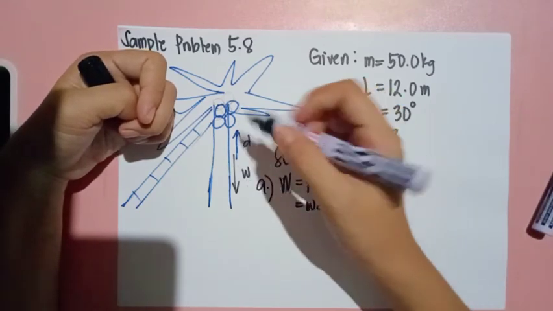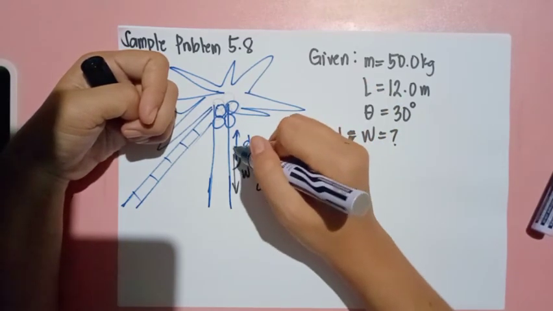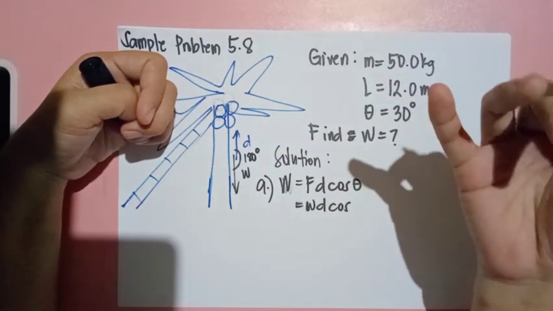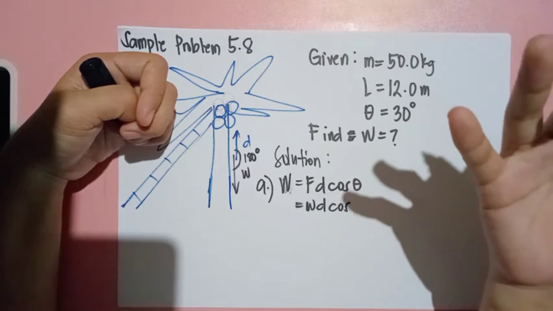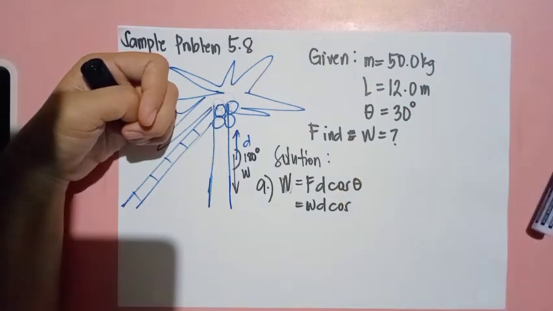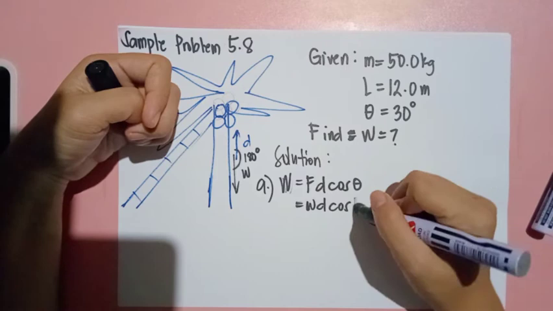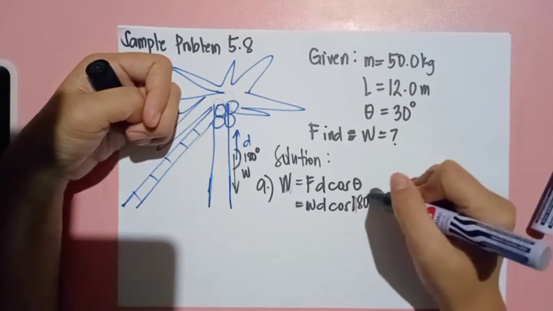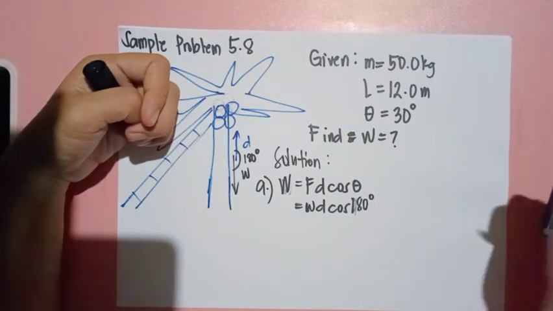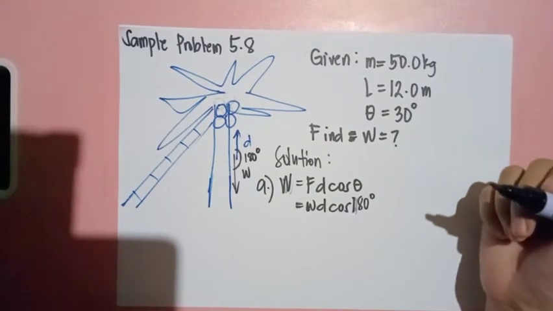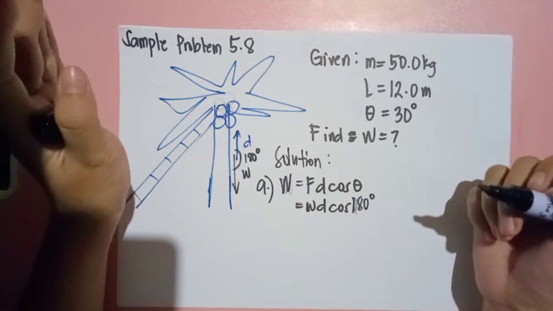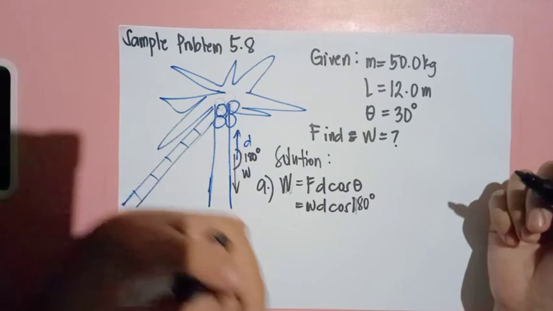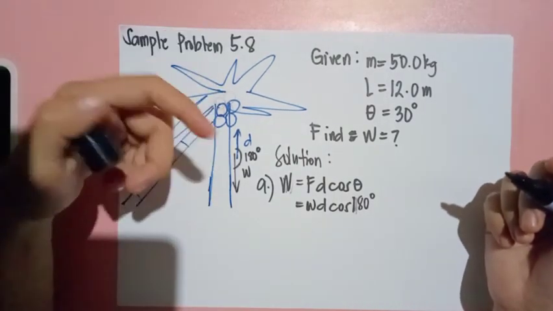In this case, we have 180 degrees because they are directed perfectly opposite from each other. We are focusing on the angle between the force and the displacement, not just the figure of the tree.